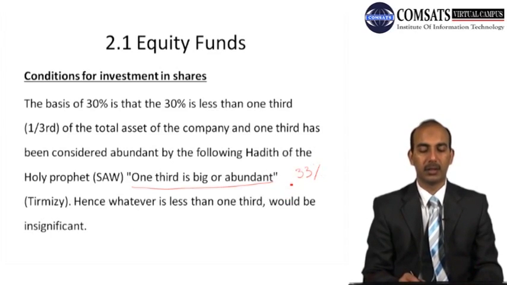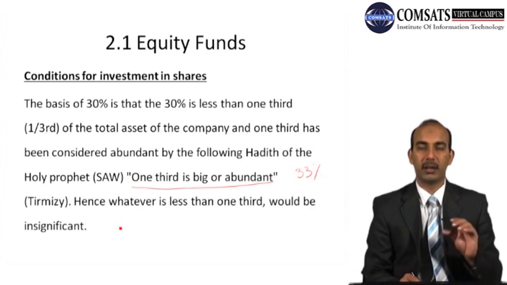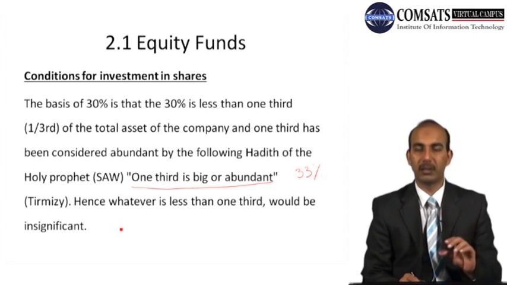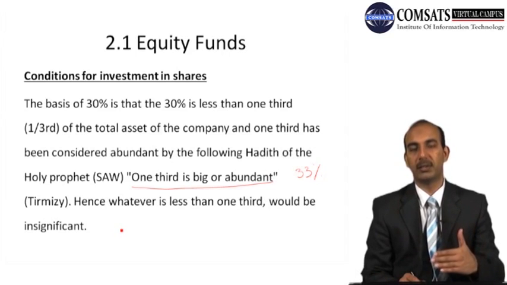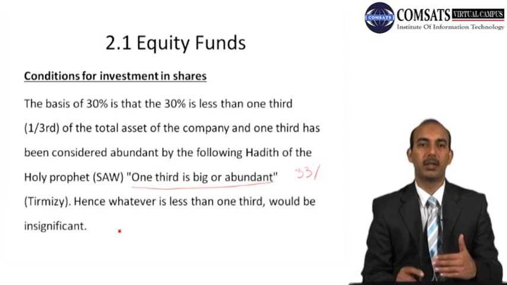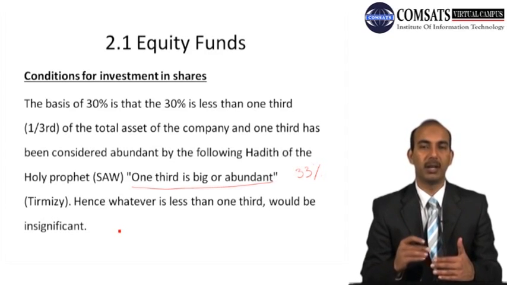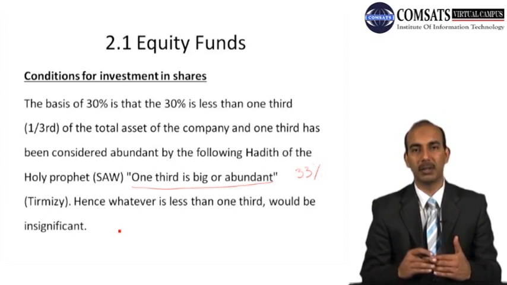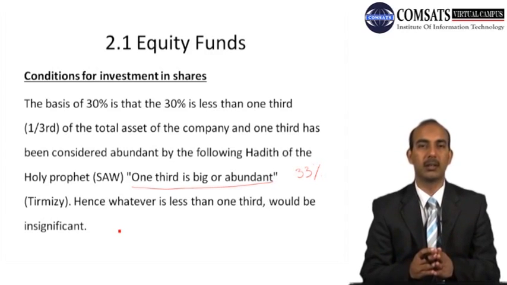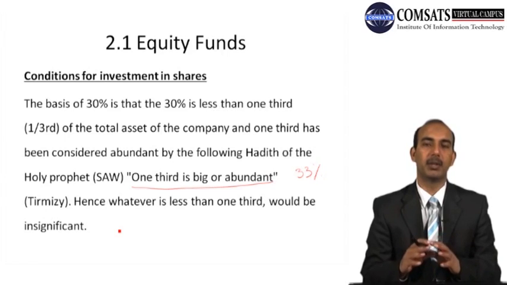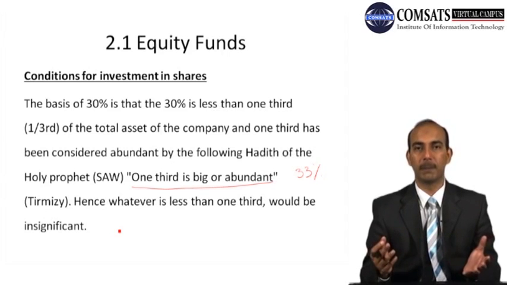So in this case, where the companies' investments are in activities which are not allowed under the Islamic economic system, if their short-term and long-term investment is less than 30%, then it is not a considerable amount. According to the scholars, that amount is not considerable.